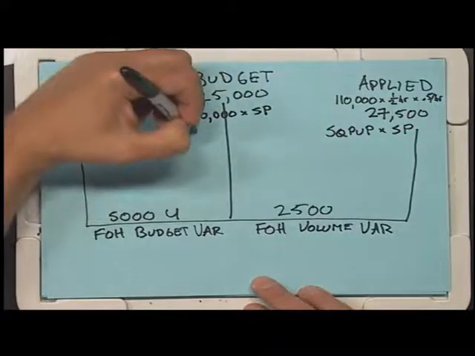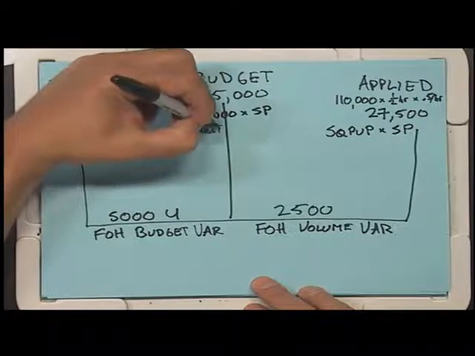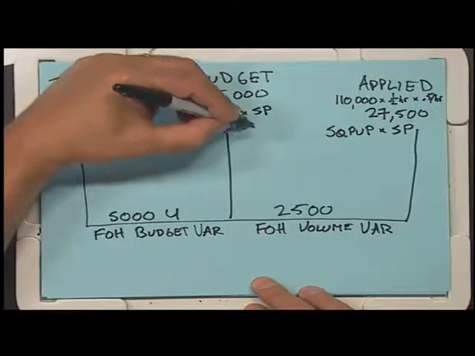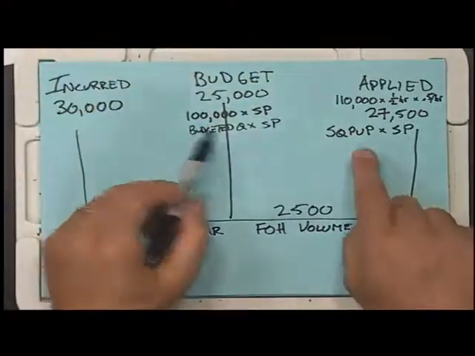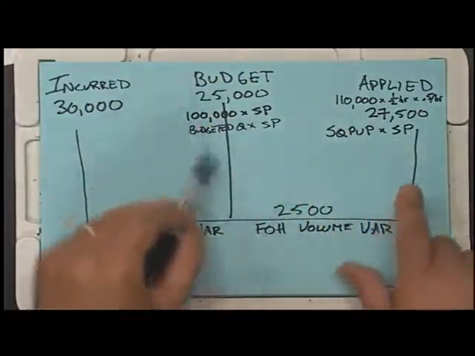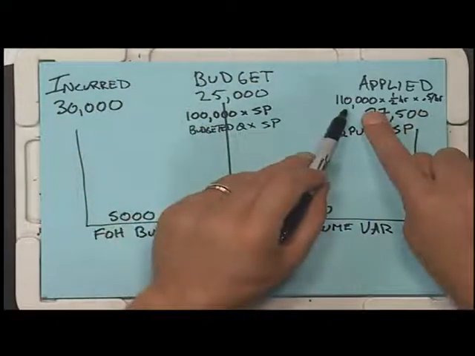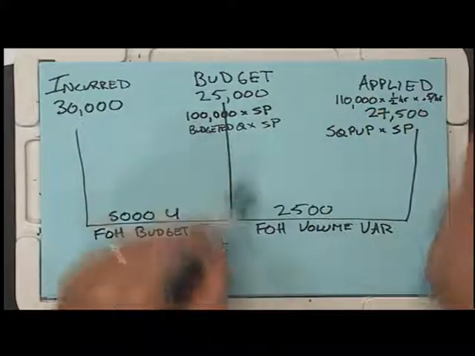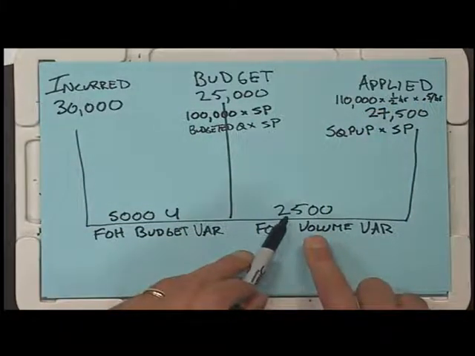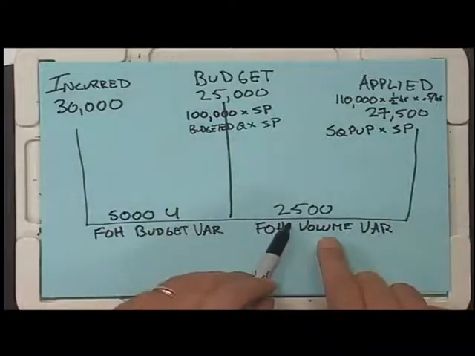So this is really the budgeted quantity times standard price. The only difference between these two numbers is that we did more business volume than we anticipated. So this is a volume variance.